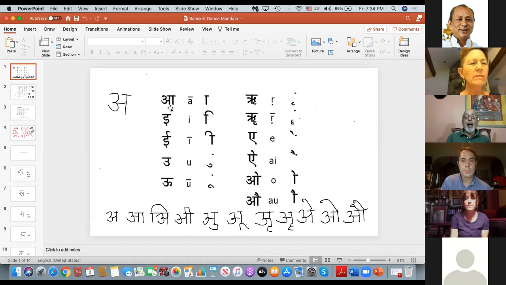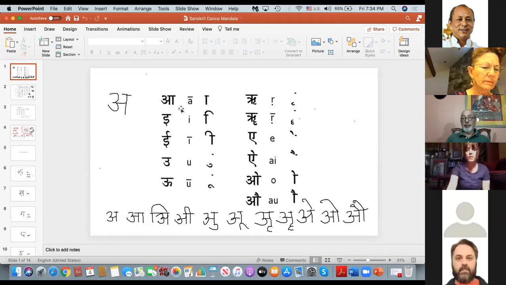This short A is extremely important in Sanskrit and other Indian and Nepalese languages. We hear it very clearly. O, A. O, very short. A.